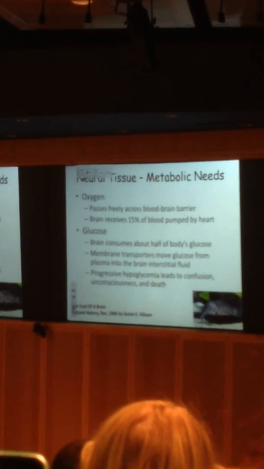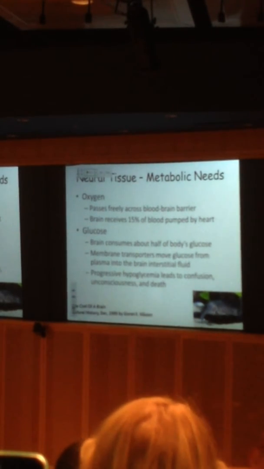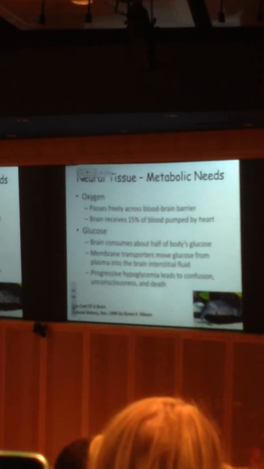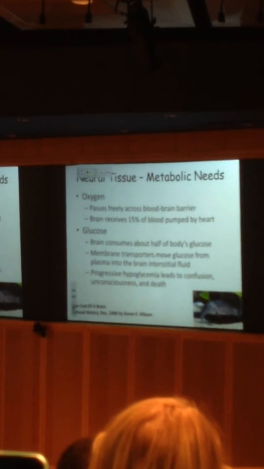And if hypoglycemia happens, which means a low glucose level inside your system, if your plasma glucose level drops, you're going to have unconsciousness, and there will be confusion, dizziness, and eventually cell death and the death of the body.